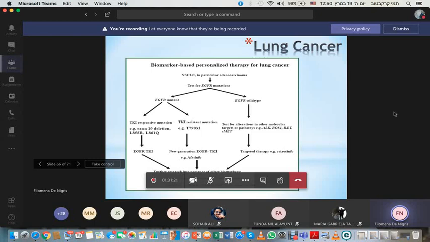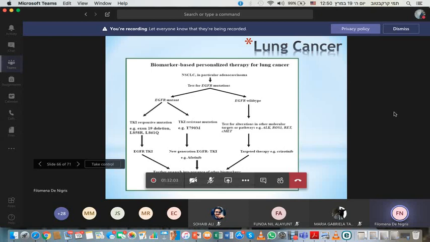So the second message is, first of all, for lung cancer we don't have an early marker, a good indicator before the clinical evidence. So often the patients already have the disease when lung cancer is diagnosed. This means that the patients have already developed the disease.